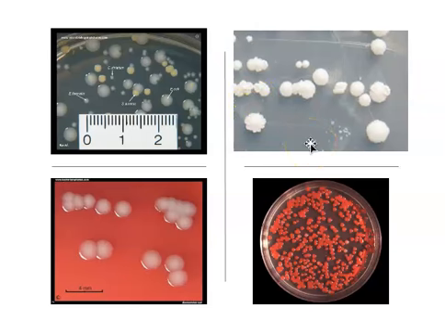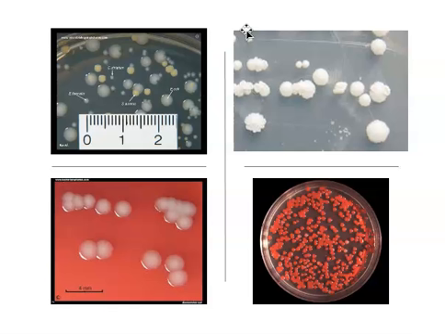It's just that this particular organism, which is a bacterium, has the ability to secrete a very waxy material over the surface of its colonies. This is the organism that causes tuberculosis. So this is a kind of bacterium called Mycobacterium tuberculosis.